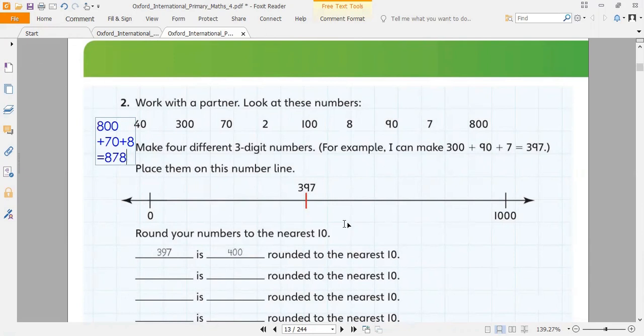878. First number is this, and the second number is 300 plus 90 plus 2 is equal to 392.